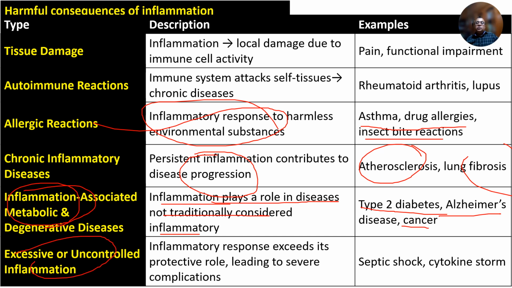Excessive or uncontrolled inflammation can exceed its protective role and lead to severe consequences, such as occur in septic shock and cytokine storm that occurs due to overactivation of various cytokines such as interleukin 6 and TNF that can result in death.